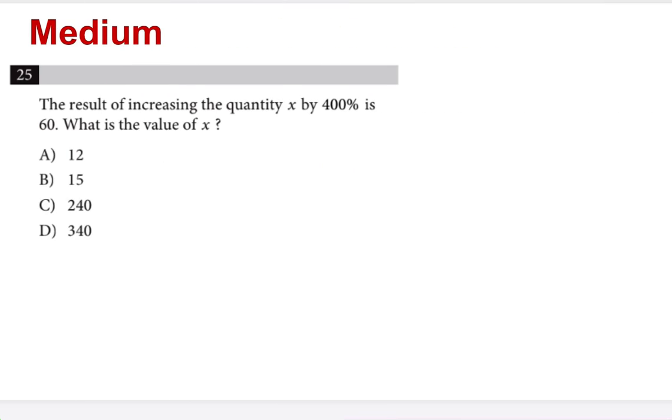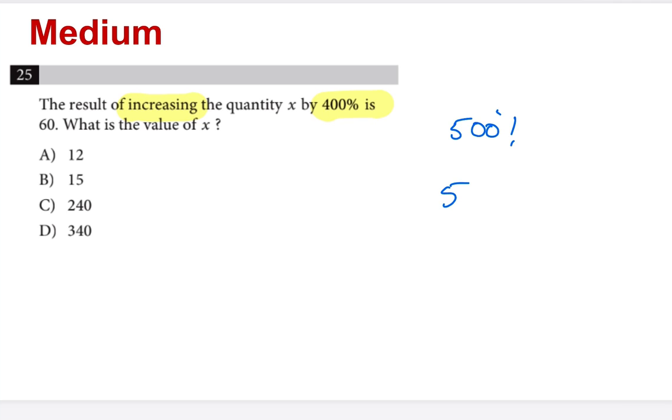Moving to another type of question in which you actually have to write down your equation. It says that the result of increasing the quantity X by 400% is 60. So we have a keyword here, which is increasing 400%. We're going to apply our rule, and now you know it, right? It's 500%, which is actually 5 if you change it to a decimal.